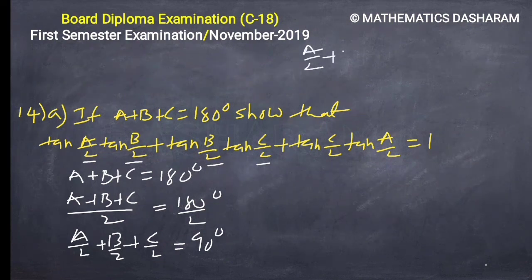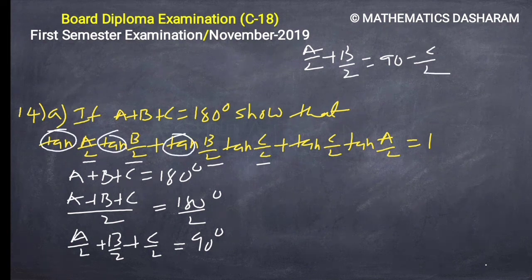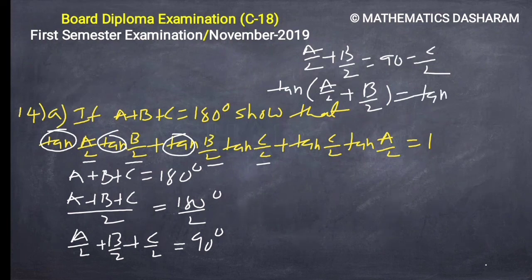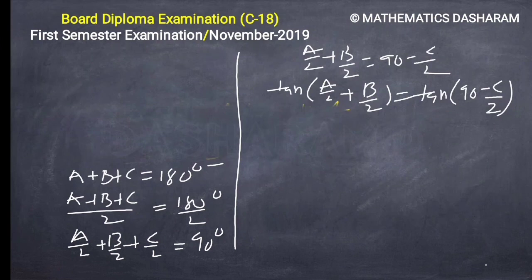Now a by 2 plus b by 2 equals 90 minus c by 2. And in the question we need tan, so that is why we apply the tan trigonometric ratio on both sides. So tan of a by 2 plus b by 2 equals tan of 90 minus c by 2. So here apply the tan a plus b formula.